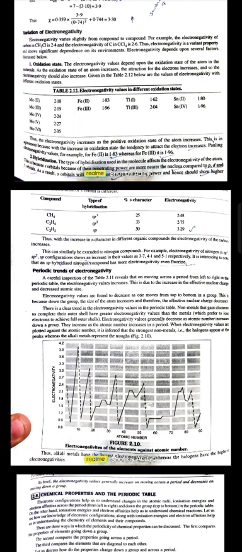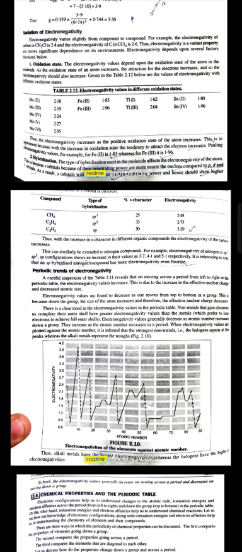This can similarly be extended to nitrogen compounds. For example, the electronegativity of nitrogen in sp3, sp2 and sp configuration shows an increase in values of 3.7, 4.1 and 5.1 respectively. It is interesting to note that sp hybridized nitrogen has more electronegativity than even fluorine.